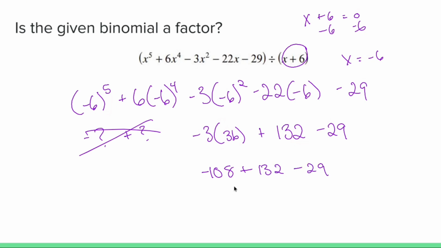I'm going to tell you right now, it's not looking good. 132 minus 108 is going to be 24. 24 minus 29 is negative 5. Negative 5 is not equal to 0. So is the binomial a factor? The answer is a big fat no.